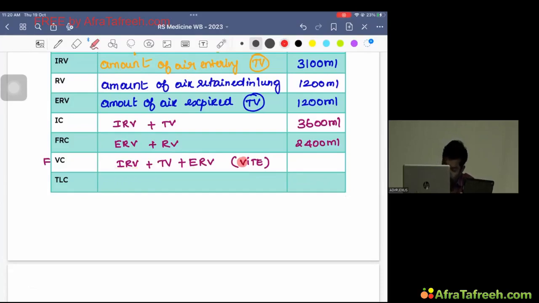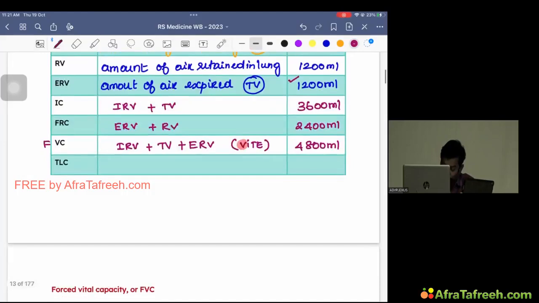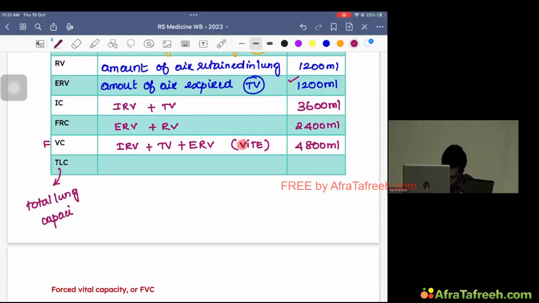Which is equal to 3100 plus 1200 plus 500, which is somewhere around 4800 ml. Next is TLC, total lung capacity.